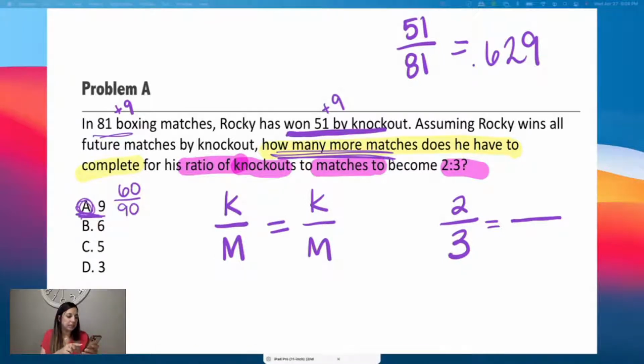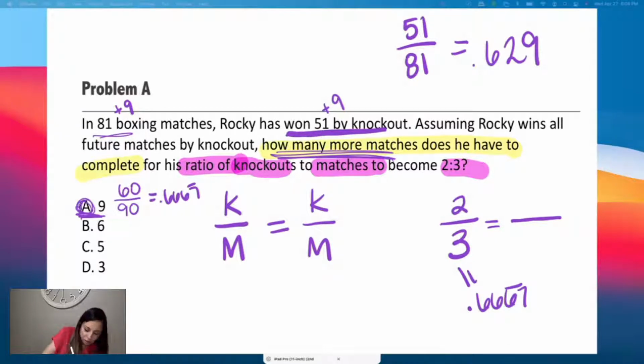If I divide 60 by 90, I get 0.6667 repeating. If I divide 2 by 3, I also get 0.6667 repeating. So A is already our answer. We found it. Let's look at what those other answer choices would give us, though.